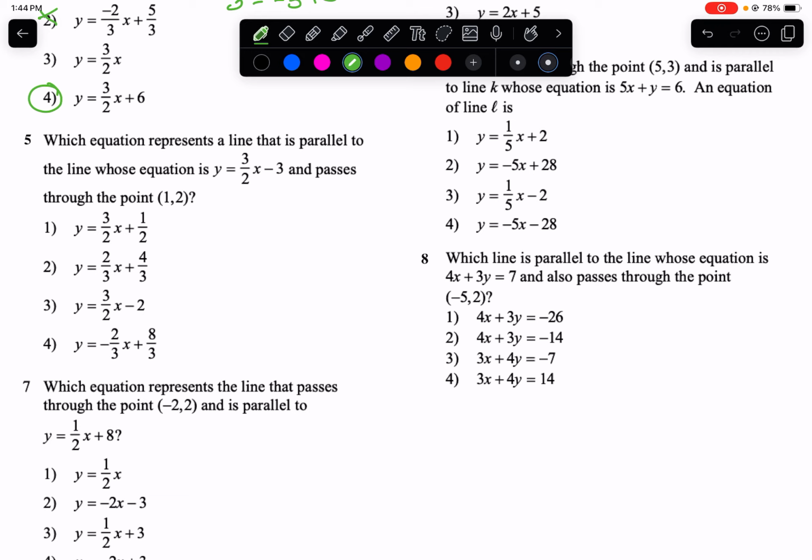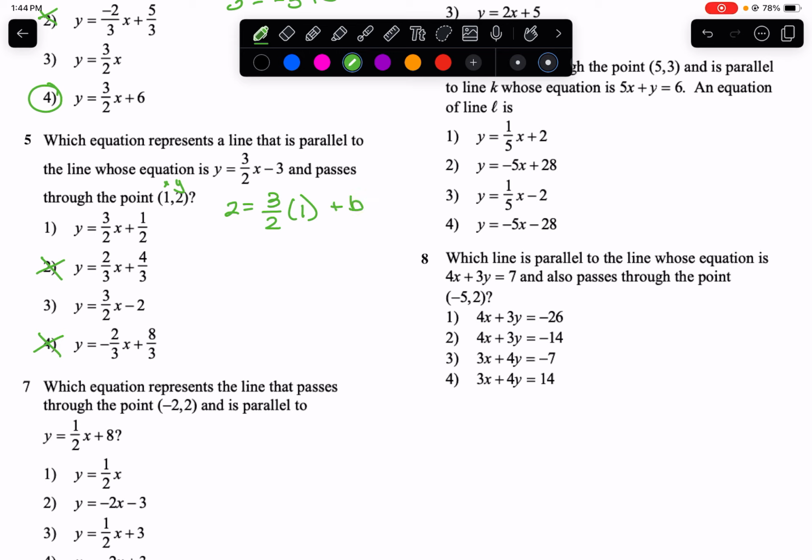So again, same thing, eliminate anything that does not have the same slope. So we want a slope of 3/2, and we have x and y. So 2 is equal to 3/2 times 1 plus b.